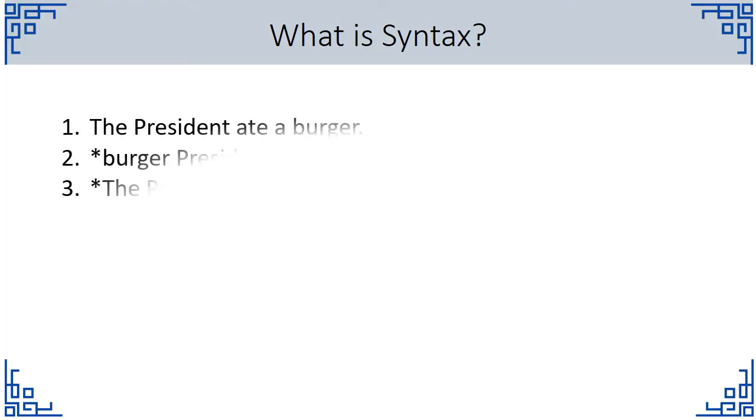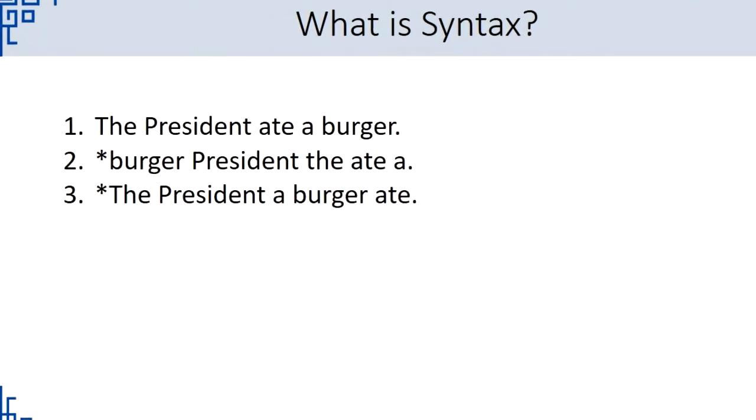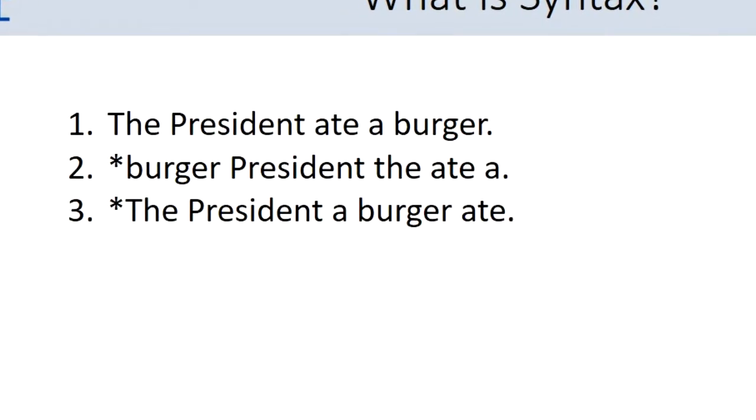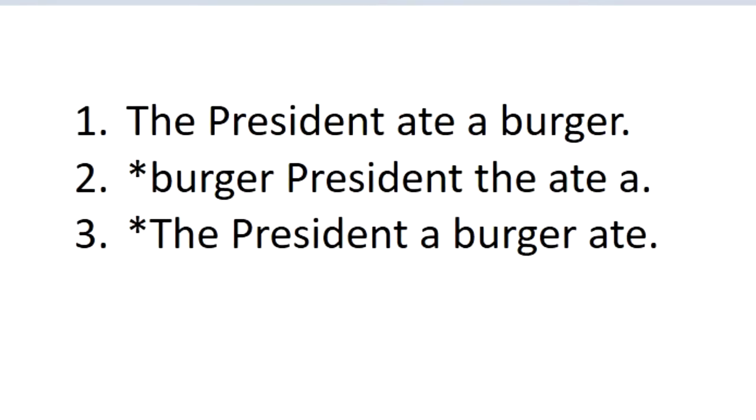Okay, now we can see the examples here. From these three sentences, we know that the best sentence is sentence number 1. We clearly find the subject is the president, and then the predicate is ate, and last one, the object is a burger.